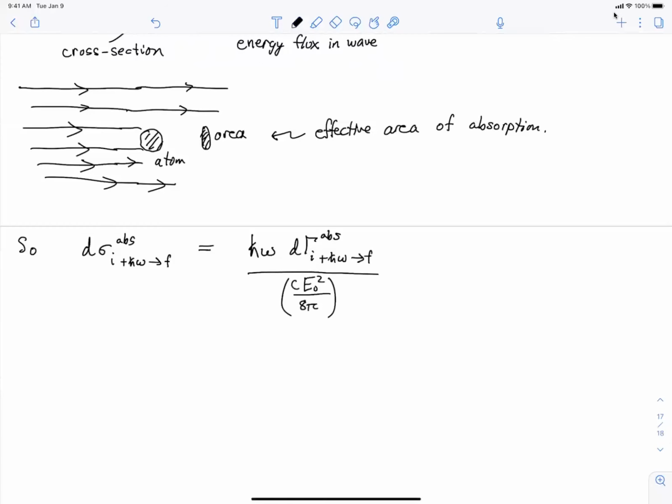So the meaning of the numerator here is the h bar omega is the energy per absorption, because each photon that we absorb has that amount of energy. And this is the rate of absorption. And so the product of them is the energy per unit time.